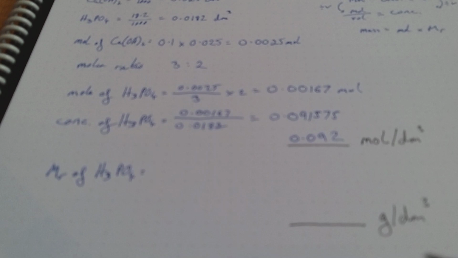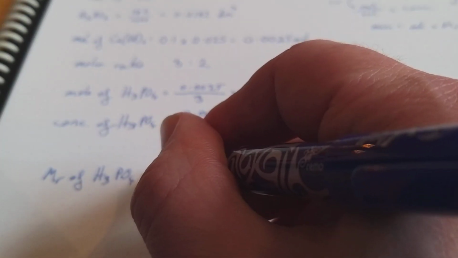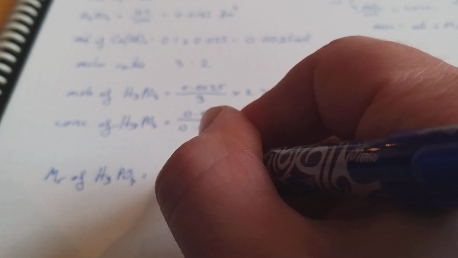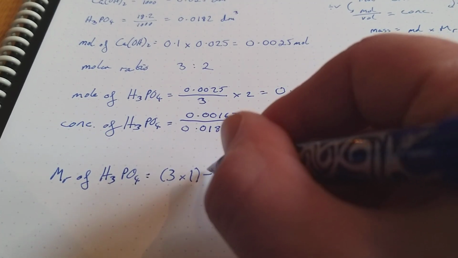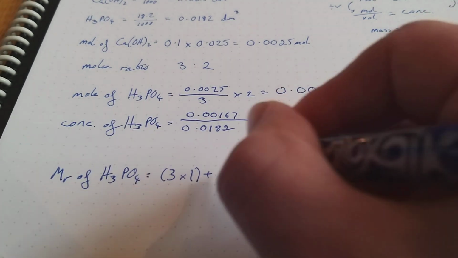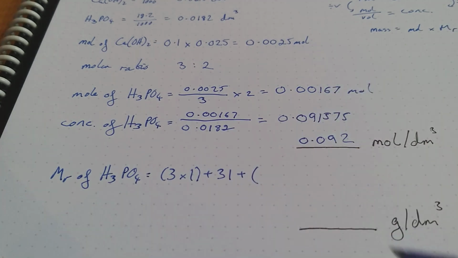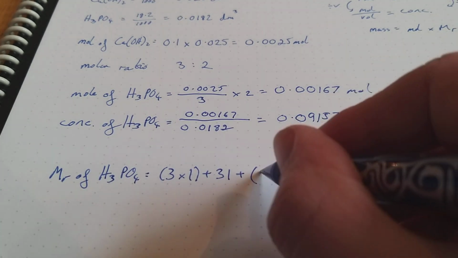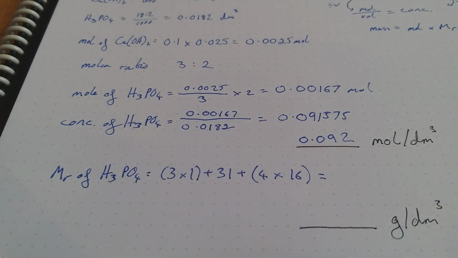So we need to work out the Mr of phosphoric acid, and it's given us the atomic masses at the top. So we do 3 lots of hydrogen, so 3 times 1, plus 1 lot of phosphorus, which is 31, plus 4 lots of oxygen, which is 16.